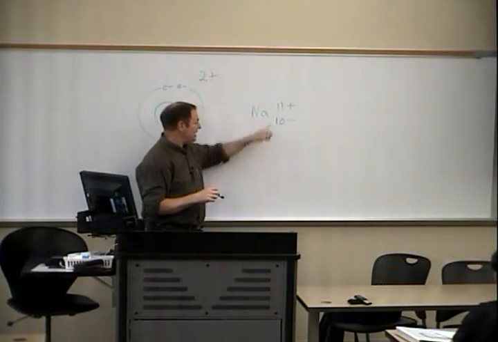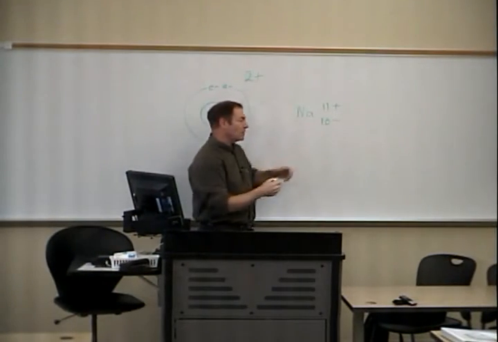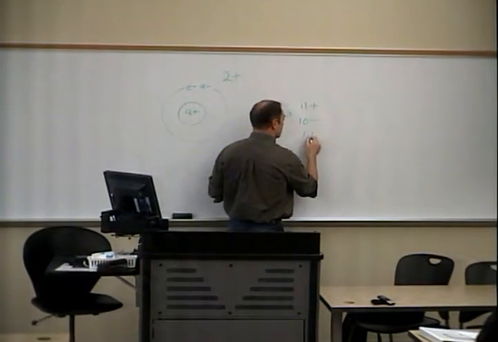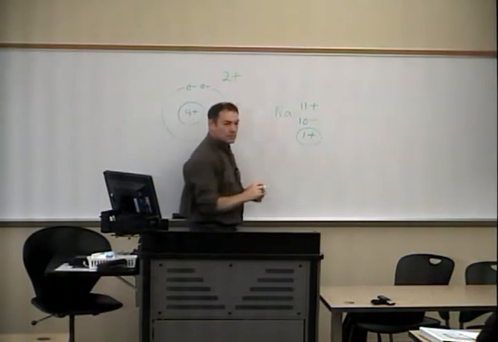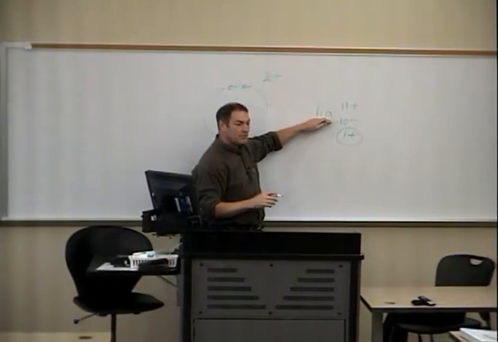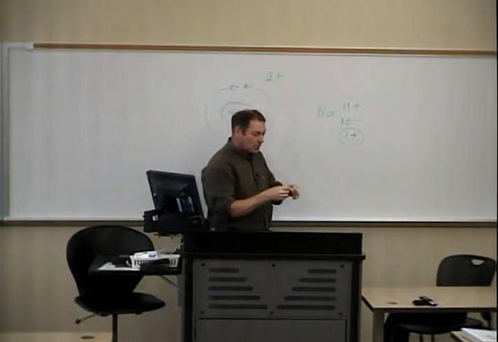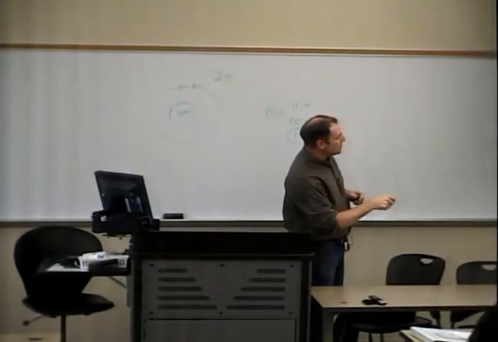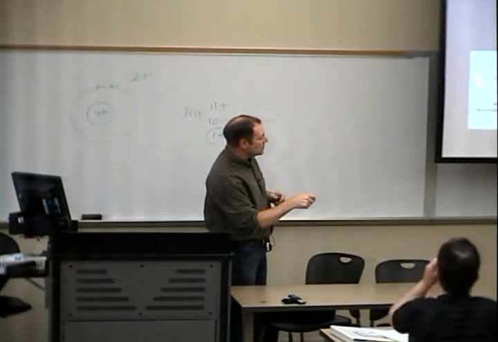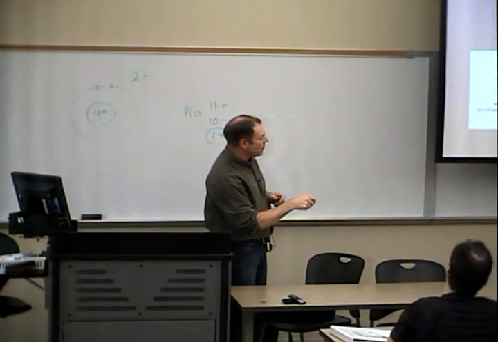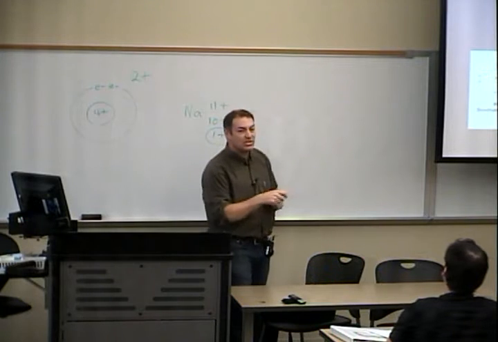Now we've got a surplus of 1 proton. So the sodium becomes a 1+ ion. Now, when sodium loses that electron, this is now its outer shell. That outer shell is full.